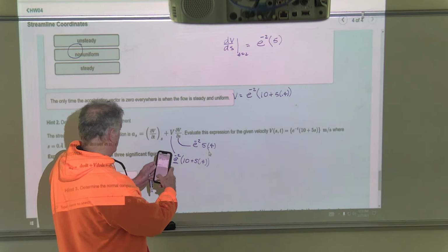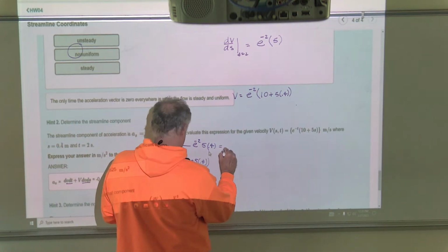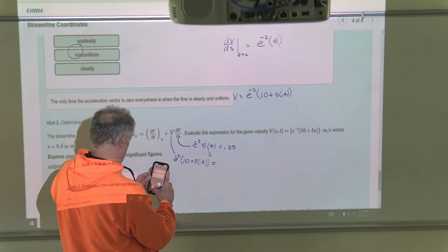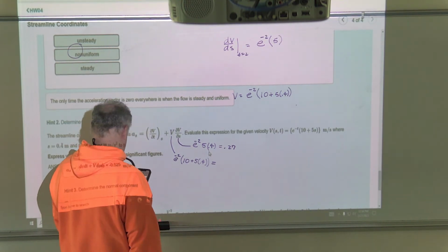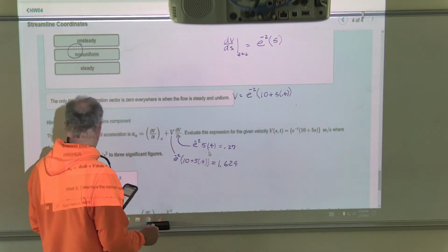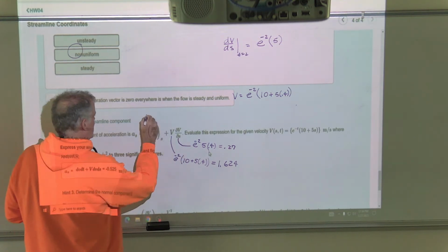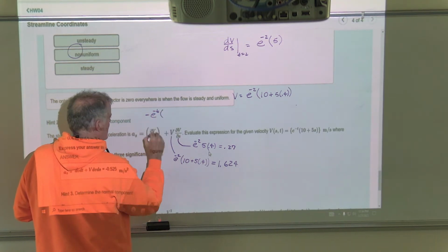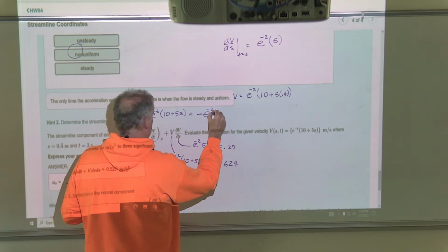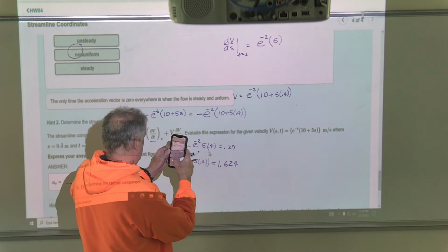Okay. This became 0.27, and this became something besides 0.27, which is 1.624, and then you had this term, change with respect to time, which was e to the minus t of 10 plus 5s, which was minus e to the minus 2, 10 plus 5 times 0.4, and that became another number.